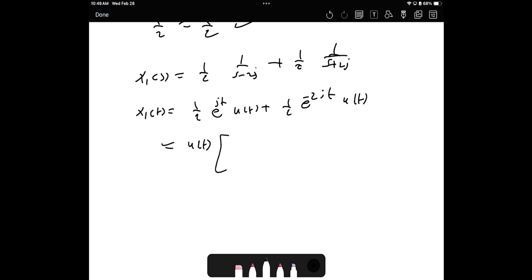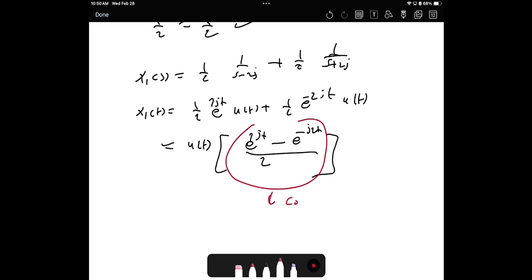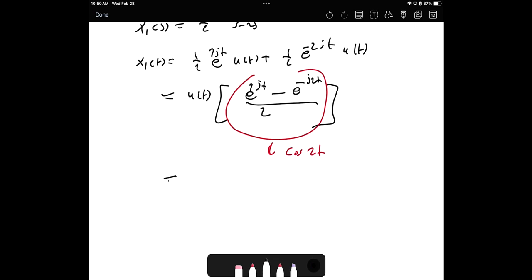Then it is e power j2t plus e power negative j2t divided by 2. And this is equivalent to what? According to the Euler formula, cosine is e power j theta plus e power negative j theta over 2. Then this yields cosine 2t times u of t. Now this is x1.